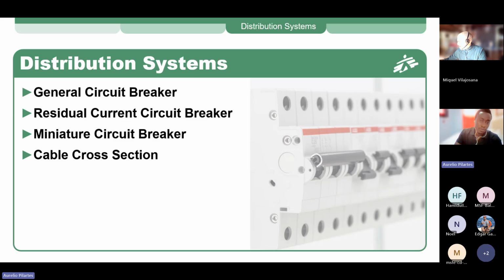And usually when the general circuit breaker trips, that means the whole of your load must have an overcurrent. Maybe the current going to each circuit, the sum of them, is what gets this general circuit breaker tripping. It happens sometimes, which is not normal, and a common mistake we can see in our installations is the general circuit breaker tripping because of a fault in a single circuit, which should not happen.